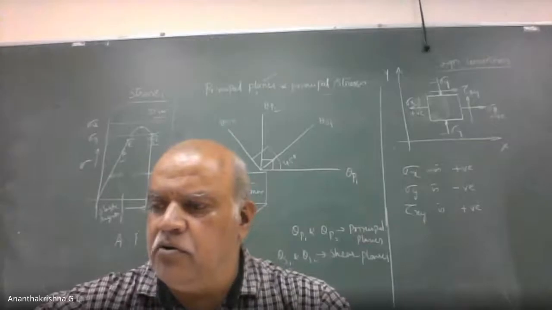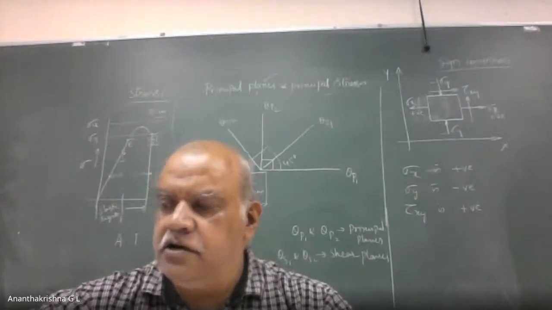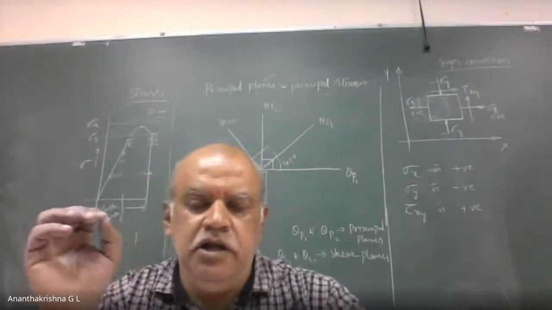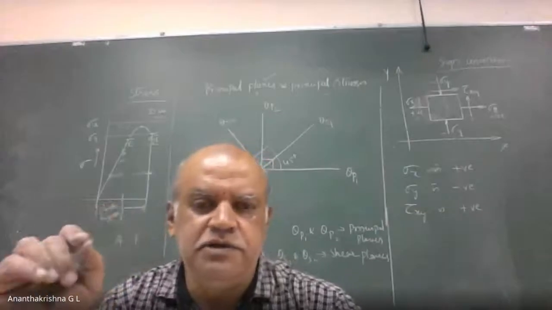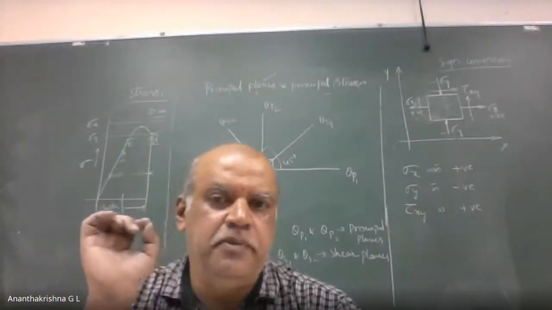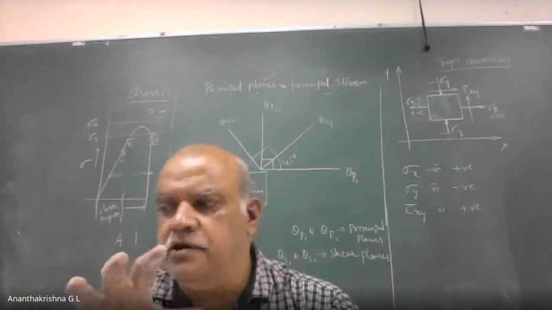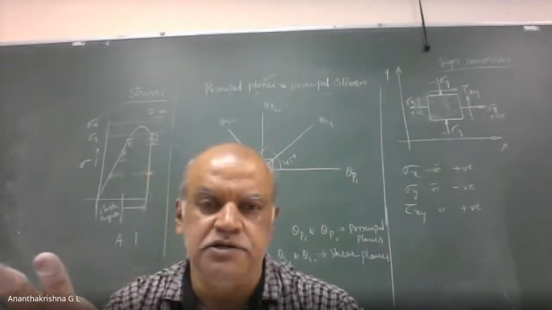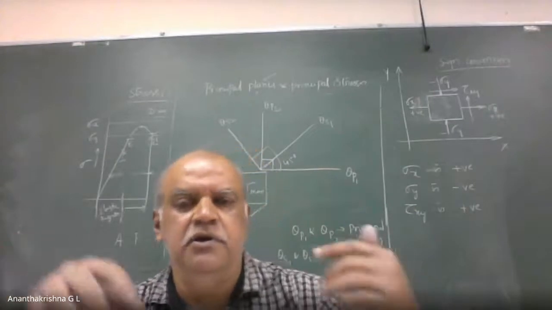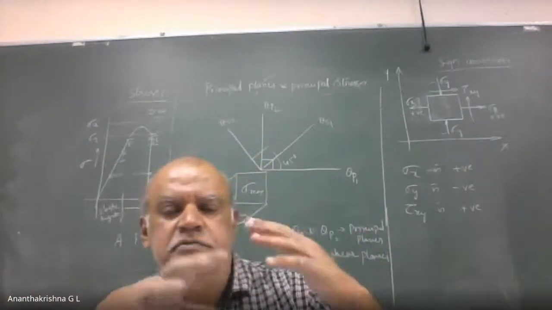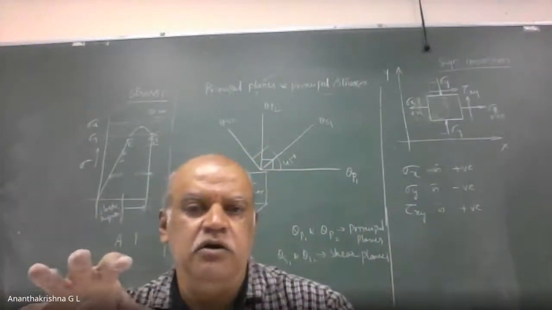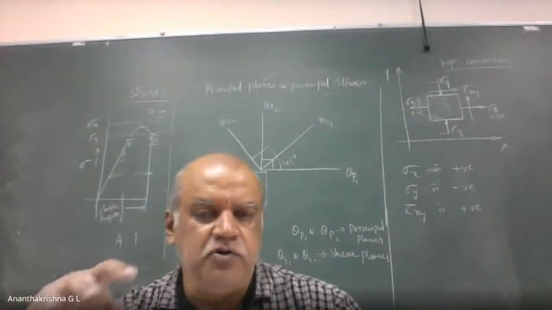So by tomorrow, you are expected to go through the initial 5 or 6 pages in the data handbook, to come with knowledge of what is normal stress, what is tangential stress in a uniaxial stress system, what is normal and tangent stress in biaxial stress system, and so on. Okay, it will be easy for you to follow.